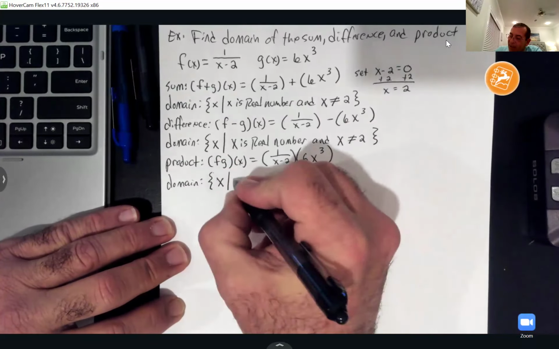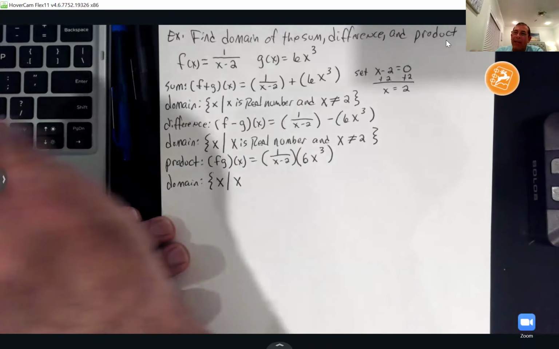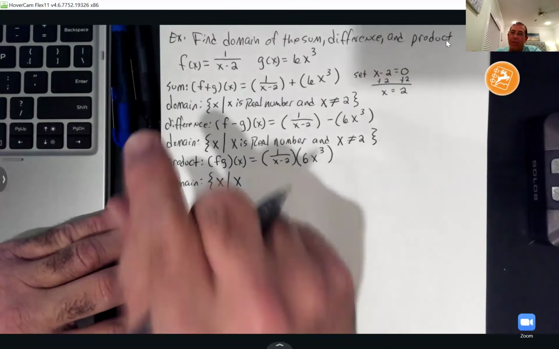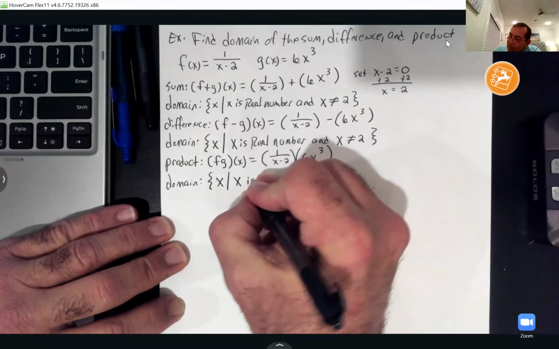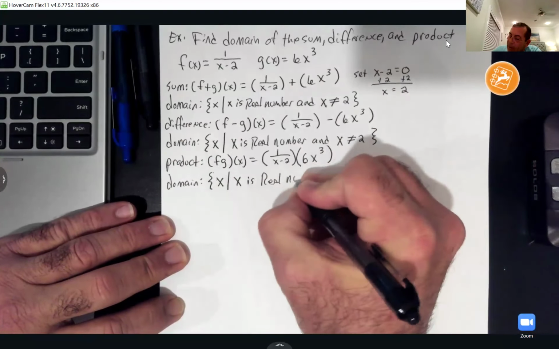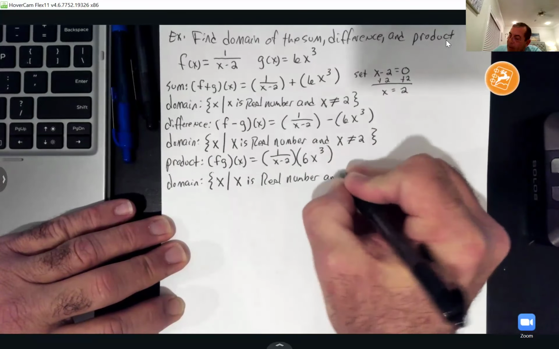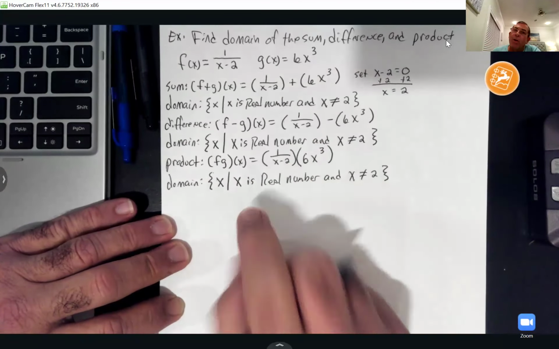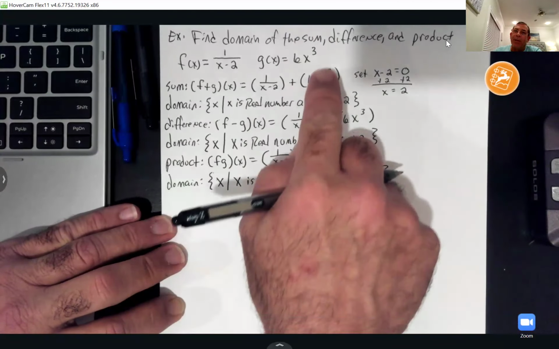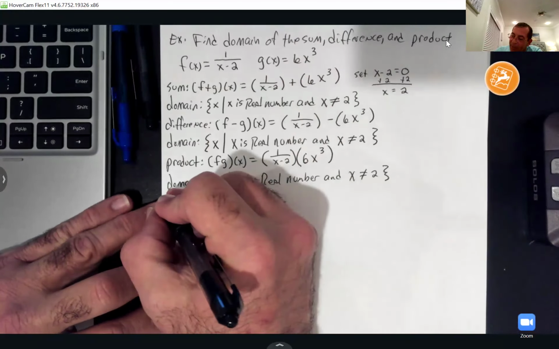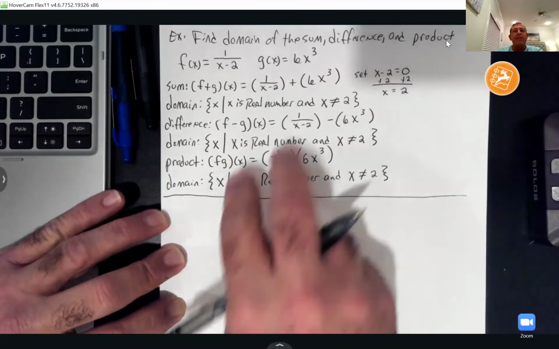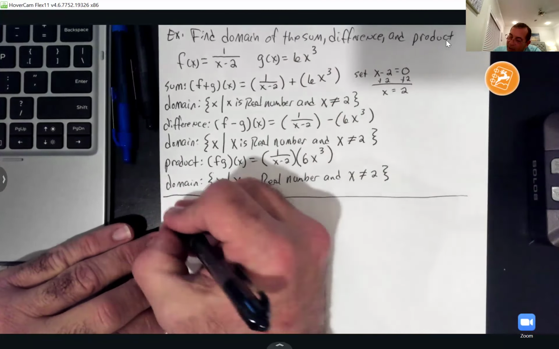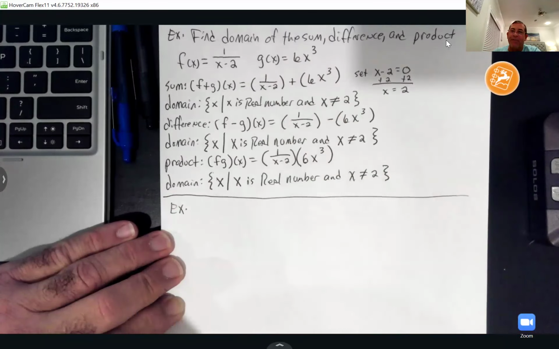So are you noticing? Adding, subtracting, multiplying have had the same domain for both of these questions, okay? Now, the one that would have been different would have been some division, right? Division, because you would have had one of these on the bottom, and then you'd have had to play with it. But y'all, they didn't ask us for division on these ones. But this last problem will have division for us, okay?